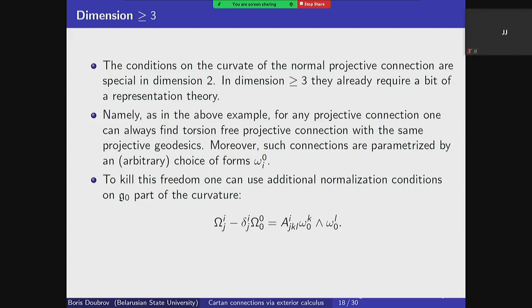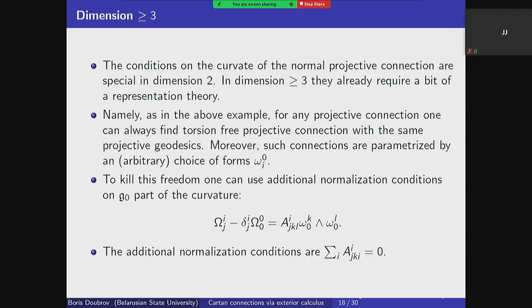So we get a tensor, which is here A^i_{jkl}. And we see that if we vary forms omega 0 j here, we can ensure that this tensor is trace-free. Well, of course, it has some symmetry.